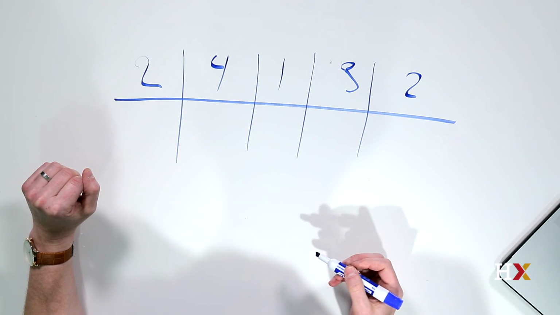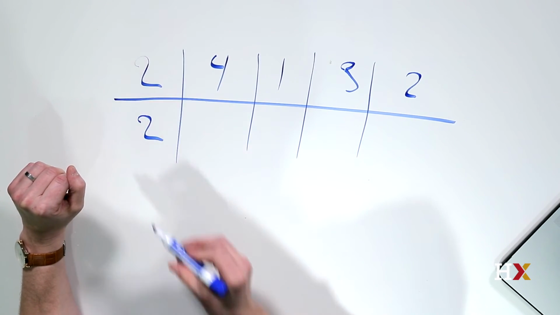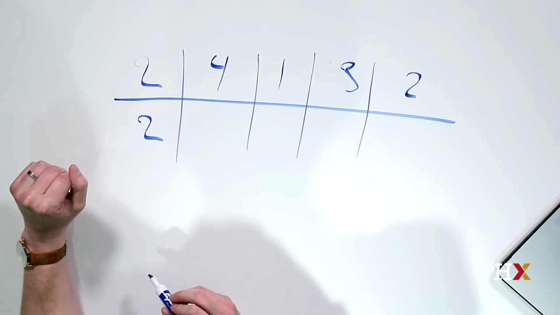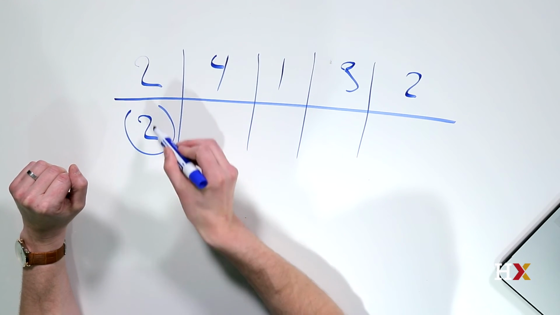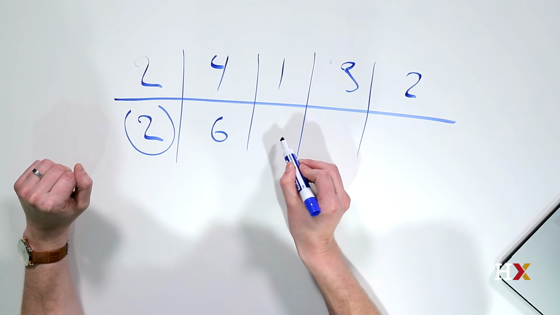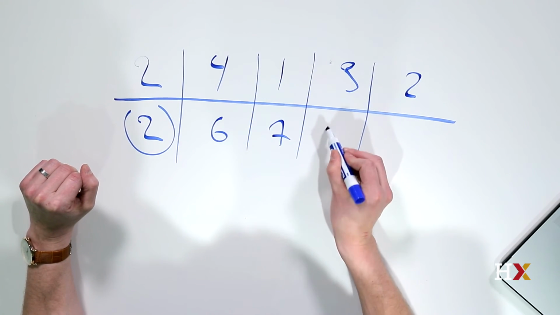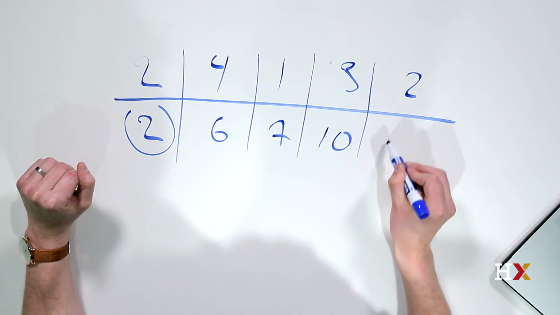Underneath, we'll write the cumulative sum. The first element is just going to be equal to 2, the first element here. The next element is going to be whatever we had here plus the element above. 2 plus 4 gives us 6. This element is going to be 6 plus 1, that's 7. 7 plus 3, that's 10. 10 plus 2, that's 12.